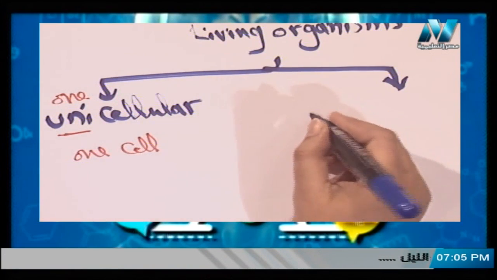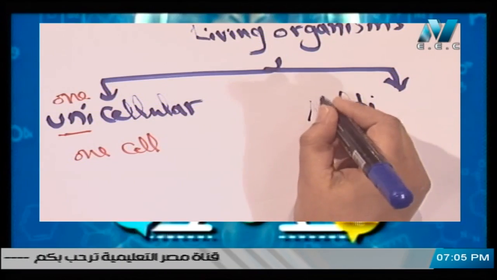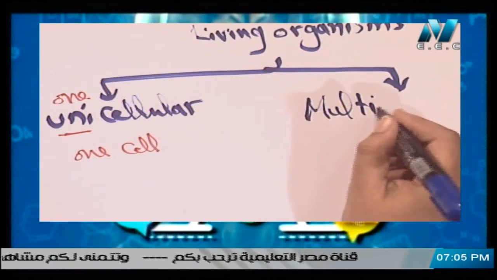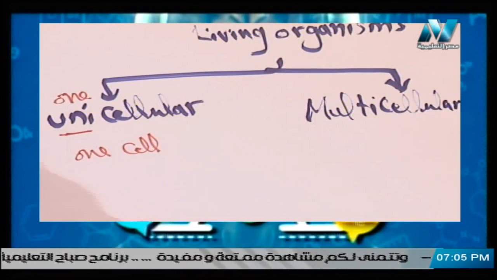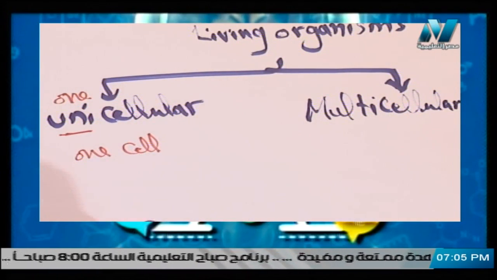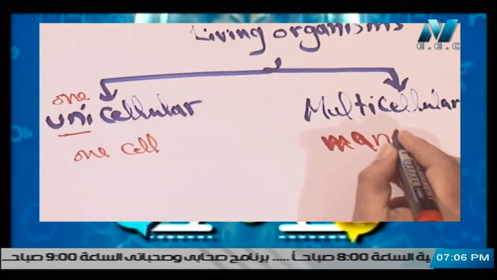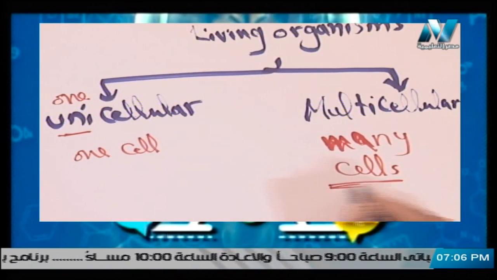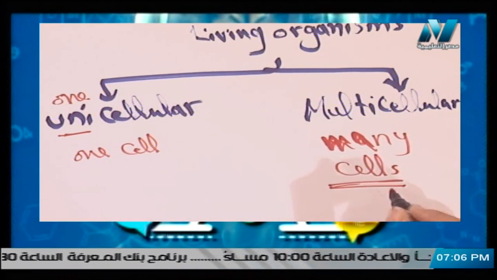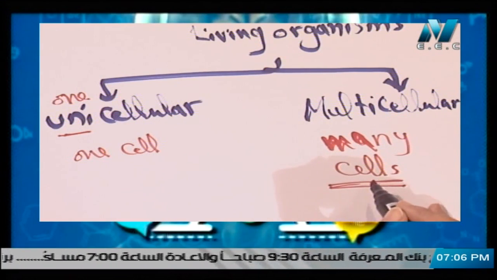What about the other type? We call it multicellular. Multicellular here consists of many cells. A group of these cells can make all the activity of the cell.